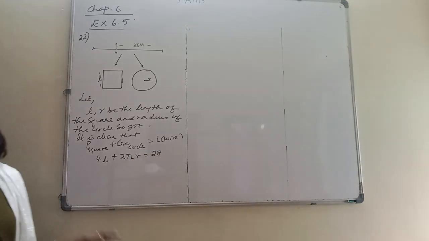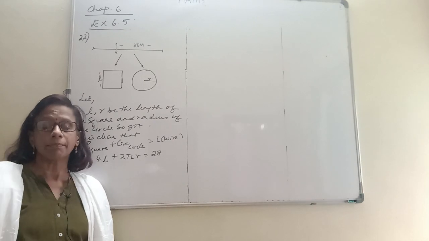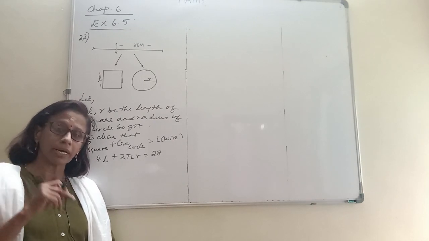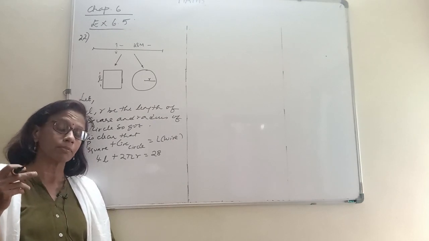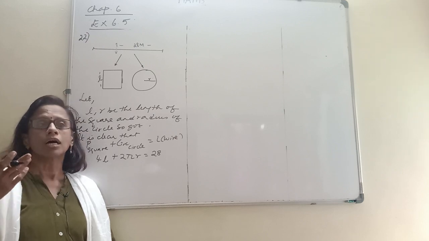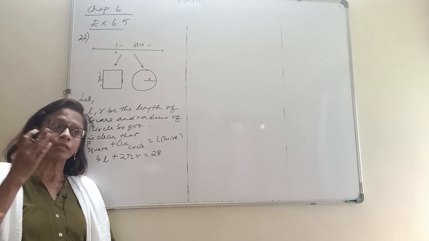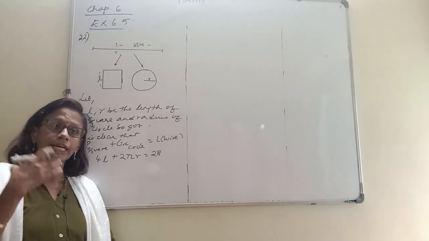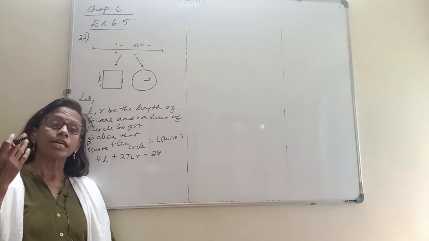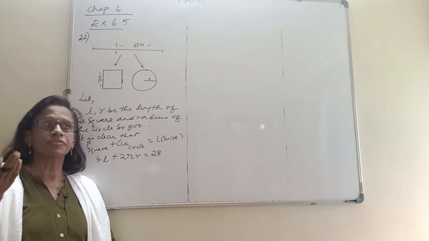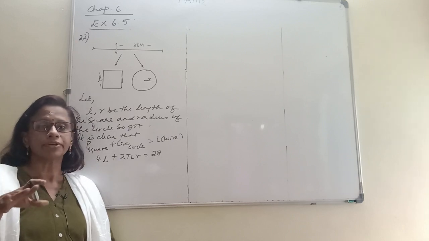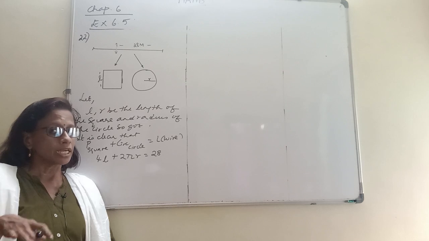Now it's very clear to us that we have to find the combined area, and the combined area is going to be pi R squared plus L squared, because the side is L, so its area is L squared. Now, the area has got two parameters, L and R, which is very difficult for us to work with. We are not comfortable with two variables, so we may need a substitution.